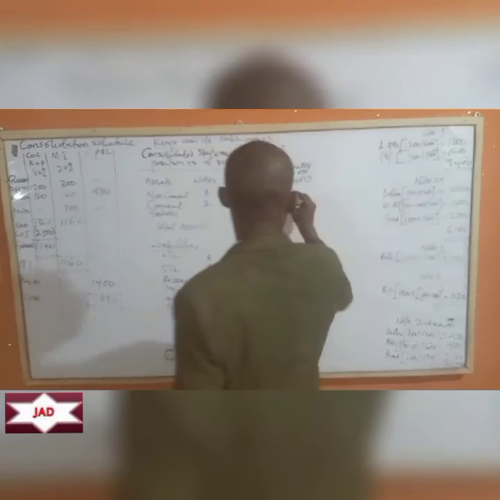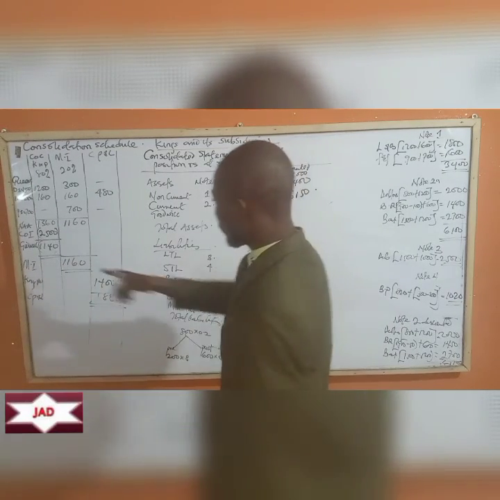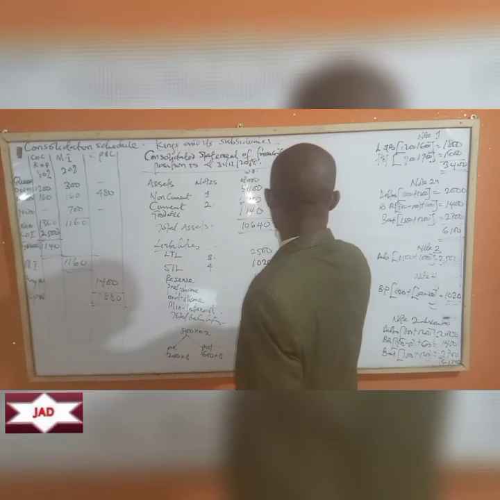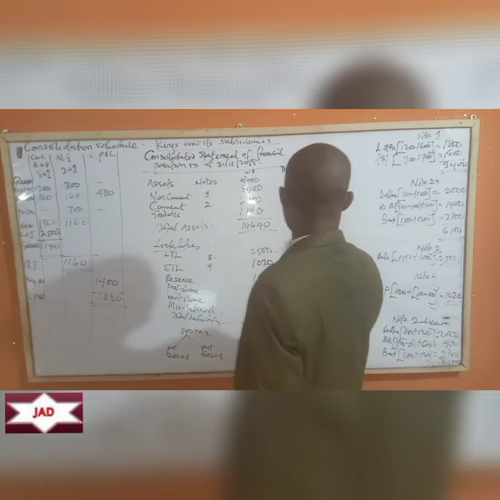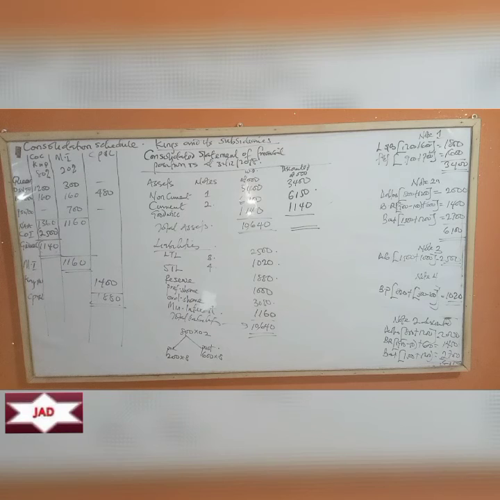So it's 6,150. Goodwill will remain the same. 1,140. So when you add, you have 3,400 plus 6,150 plus 1,140. That's 10,690.